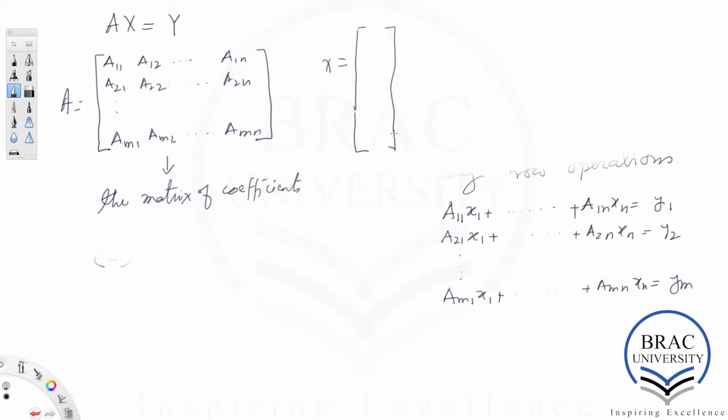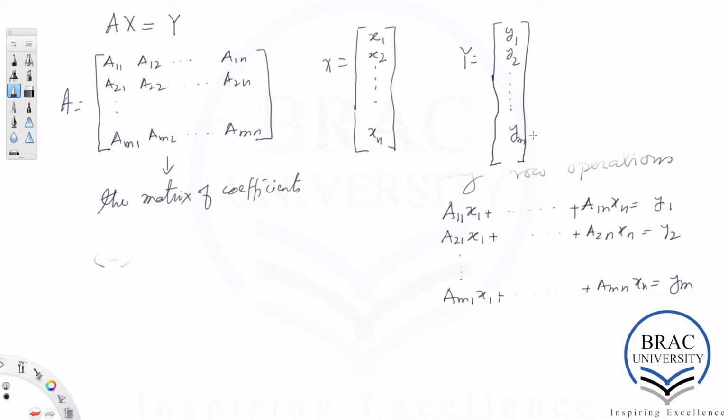and X is a column vector, which is an n times 1 matrix. Those entries are x1, x2 all the way down to xn. And Y is also a column vector, which is an m times 1 matrix, the entries being y1, y2 all the way down to ym.